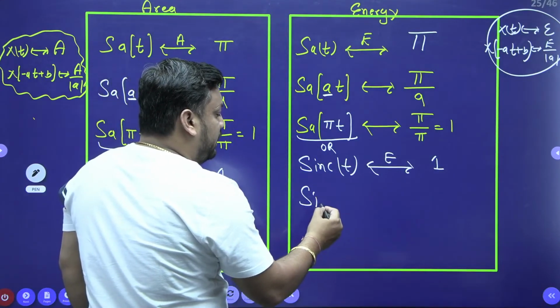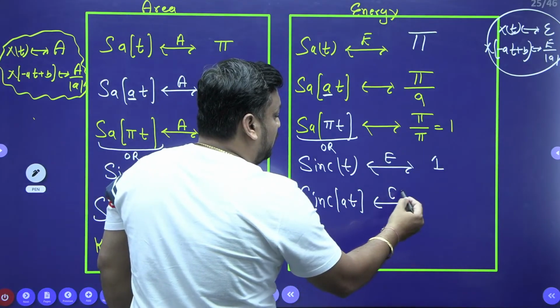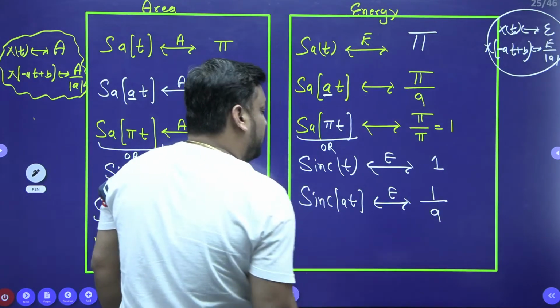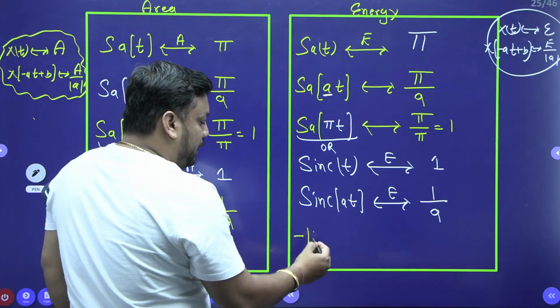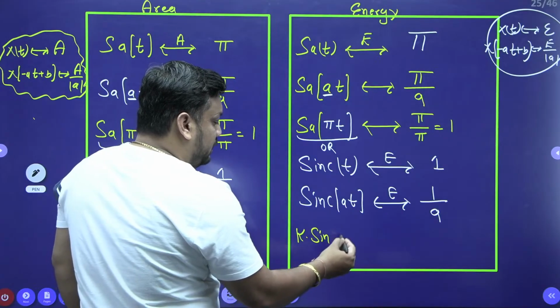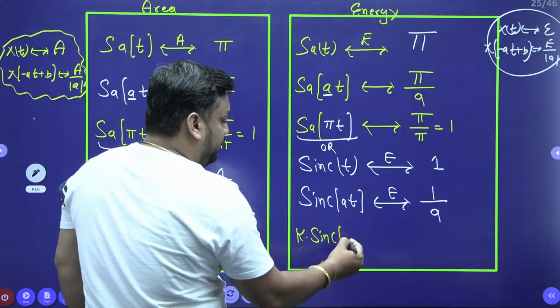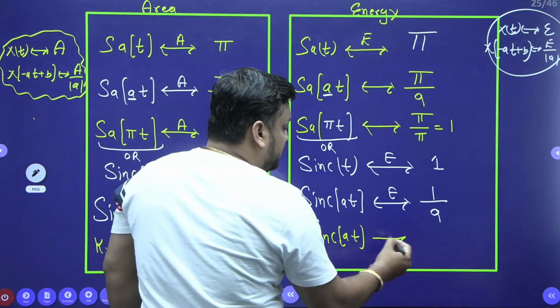Now if I write sinc of at, energy is what, guys? Sinc of t energy is 1, so sinc of at energy is 1 by a only. So if I write K into sinc of at, what is the energy of this signal, guys?